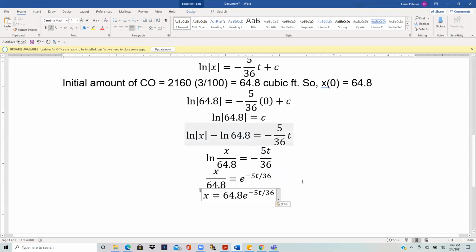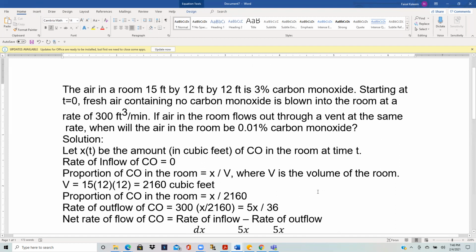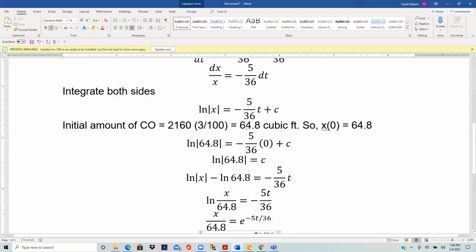So the question was, when will the air be 0.01% carbon monoxide?